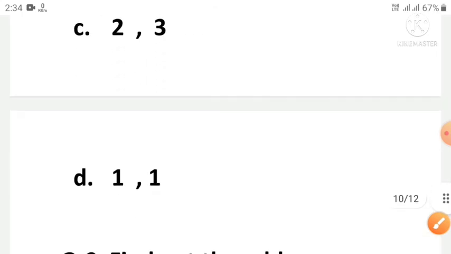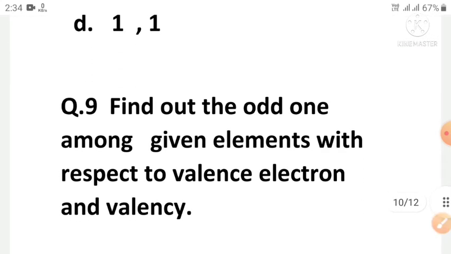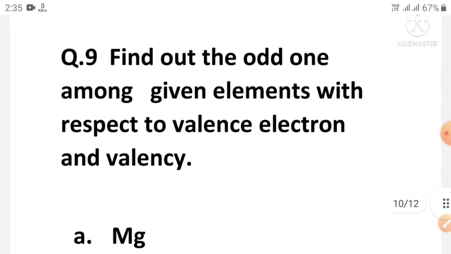Now we see the next question, question number 9. Find out the odd one among the given elements with respect to valence electron and valency.